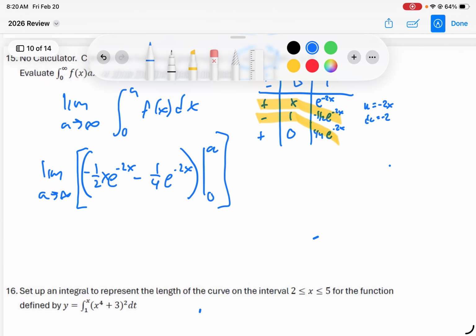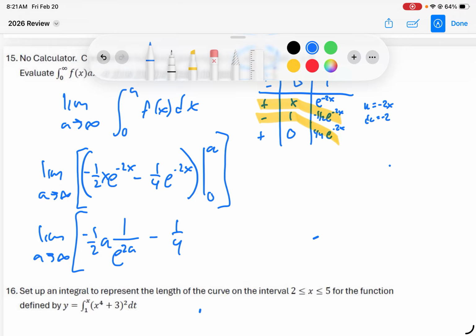All right, so plug in a, limit as a approaches infinity. This would be negative 1/2 a times 1 over e to the 2a, minus 1/4 times 1 over e to the 2a.